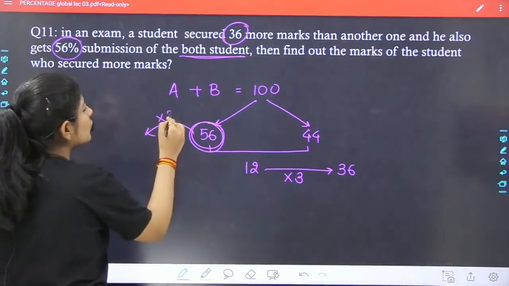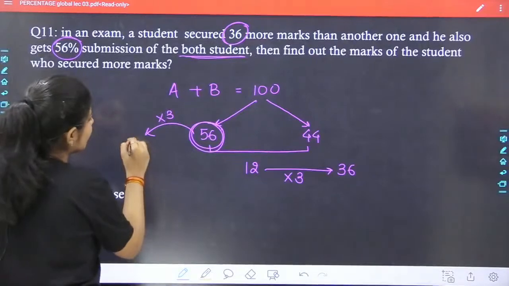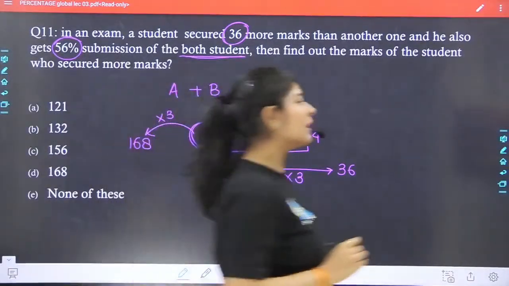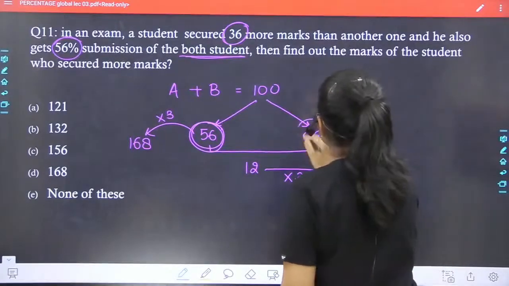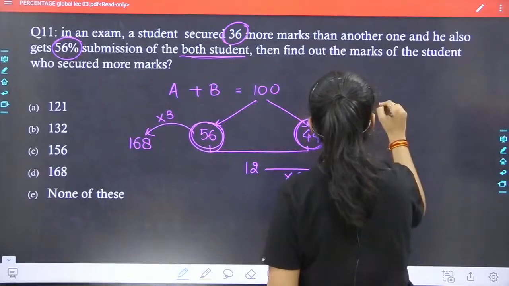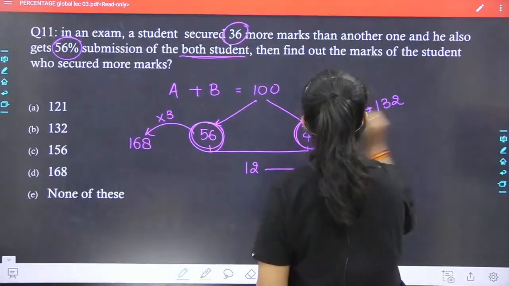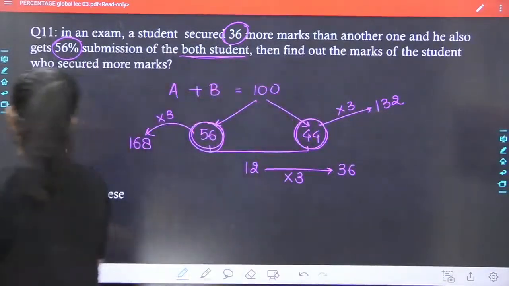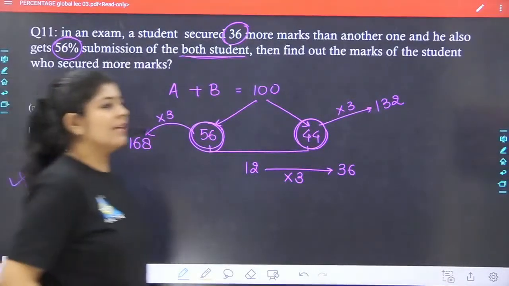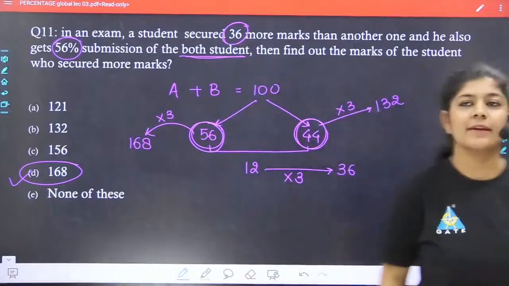We multiply 56 by 3 and we get 168 as our answer. If we want to calculate the marks scored by the one who secured less marks, we simply multiply 44 by 3 and we get 132 marks as the answer. So the correct option over here is option D, right?